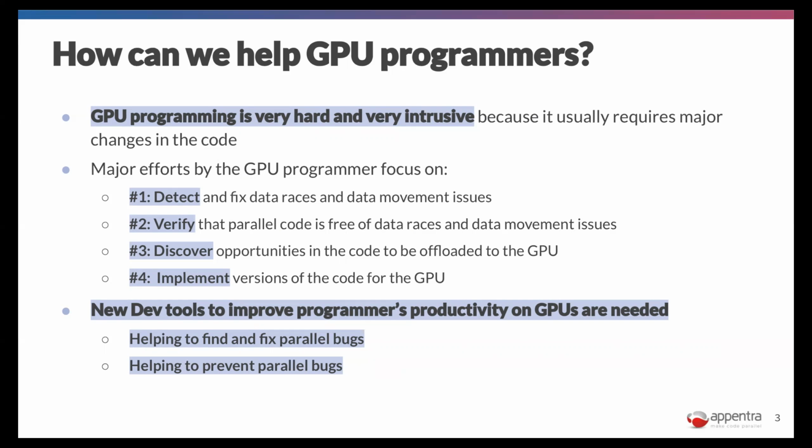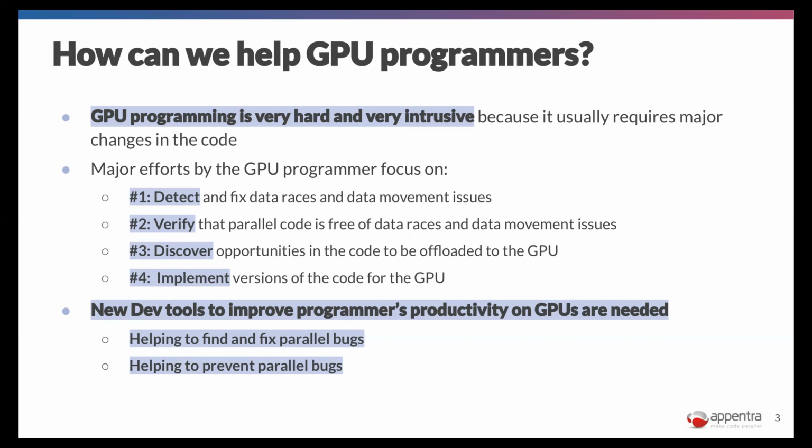So what are the major efforts that the GPU programmer needs to focus on? Number one, detection. We need to detect parallel bugs, either data races or data movement issues. Number two, verification. Whenever there is code that is already parallel, is the developer certain that the code is correct, will run correctly and is free of data race and data movement issues?